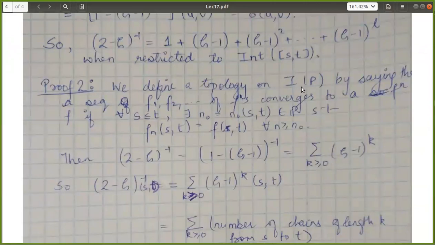You define a topology on your incidence algebra by saying that a sequence f1, f2, and so on of functions would converge to a function f if for every s less than or equal to t, there is some n0 depending on s and t such that fn of st is f of st for every n appearing after n0. So after some finitely many functions have passed, all other functions of this sequence are evaluated to the same value as f would do.